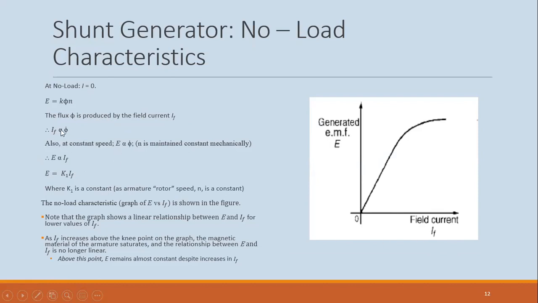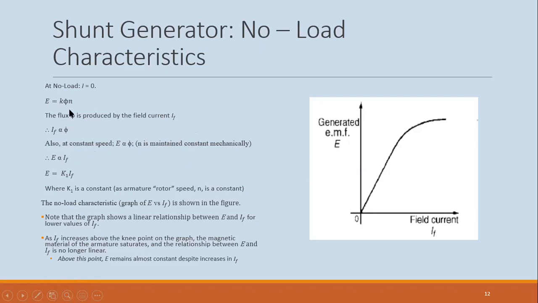So IF is proportional to the flux, since IF is what produces the flux. And remember, E is equal to K phi N. Now, since it's a generator, N is constant because it's going to be maintained constant by that mechanical prime mover.